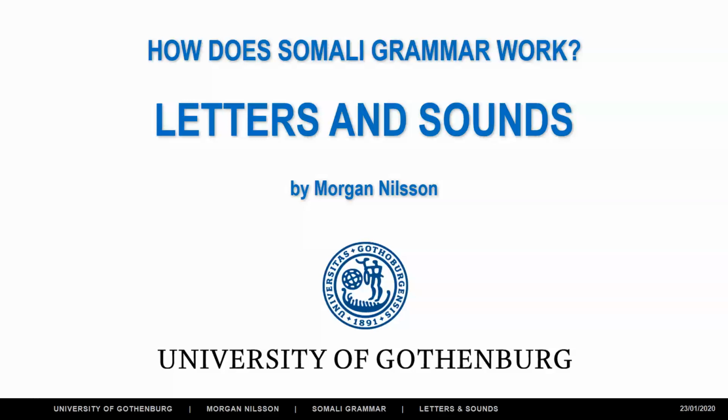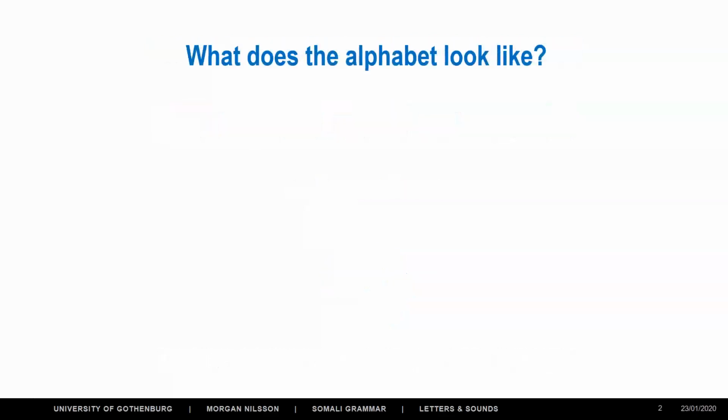So in this video we'll have a quick look at the letters and sounds of Somali. And the first thing that we will have a look at is the alphabet and what the alphabet looks like. The traditional order of the letters in the Somali alphabet follows the Arabic order, the order of the Arabic alphabet.